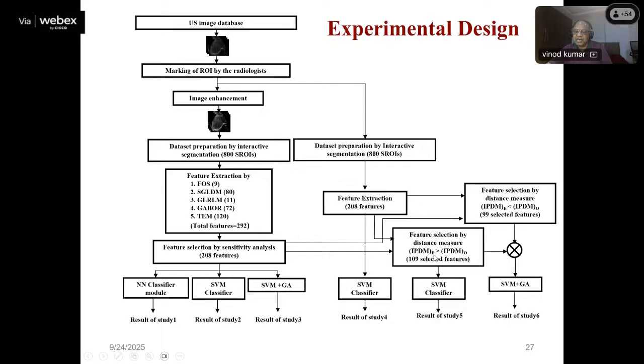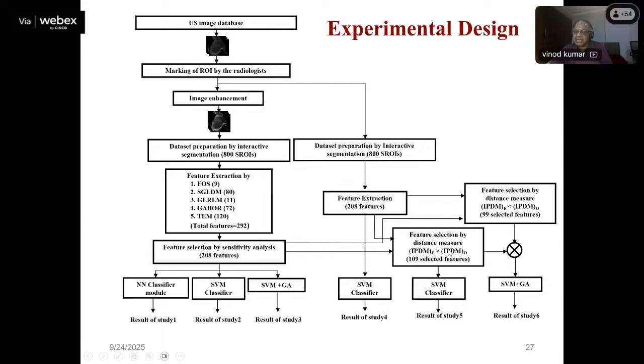Similarly, features which had more values in the original segment than in the enhanced segment were selected. So 109 features were more, 99 features were less. We have not taken all the features of the enhanced image, nor all the features of the original image.